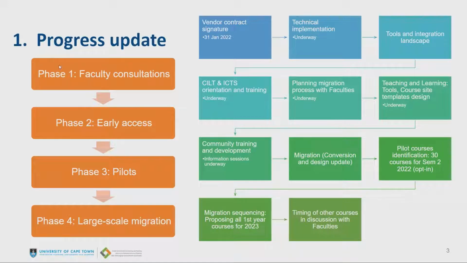So broadly, we've had a faculty consultation and orientation process around the digital learning platform, the early access process, and the people with early access gained that on the 19th of April. The pilots are in the process of being identified and sorted out, and those will go live in semester 2, and then phase 4 starts next year.